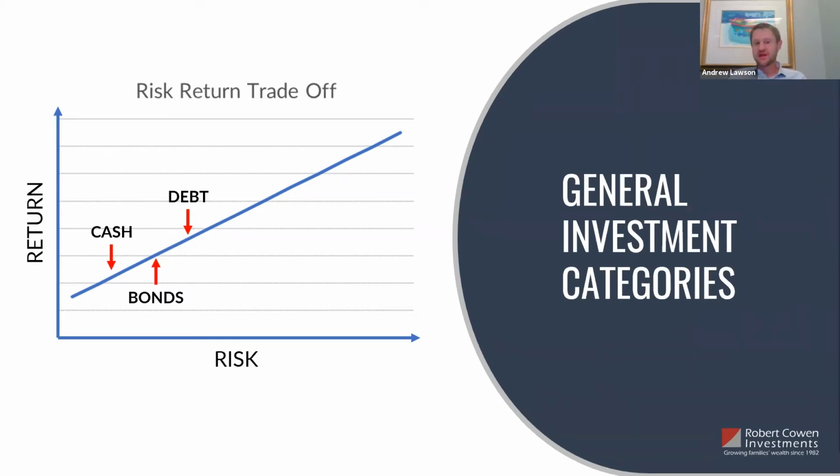But that tends to be an investment that we would not be making from an individual client perspective. That would be the kind of investment that you would find more in a unit trust environment, where you have a professional fund manager who's able to access those debt markets and instruments. The next thing along the risk curve is property.